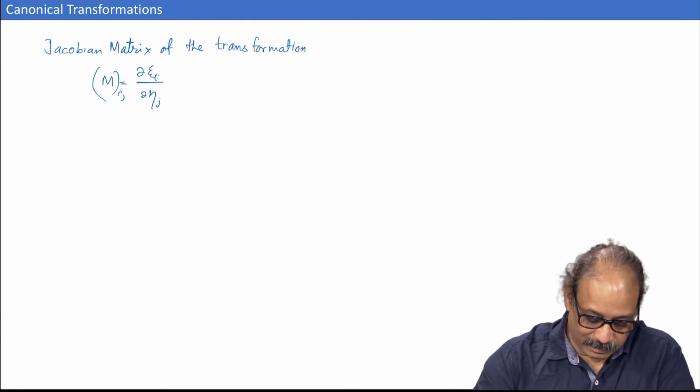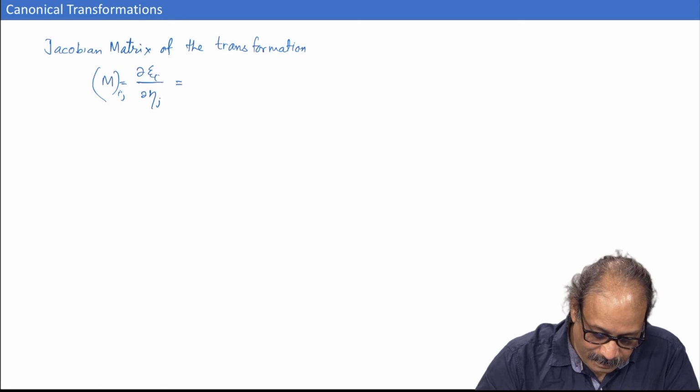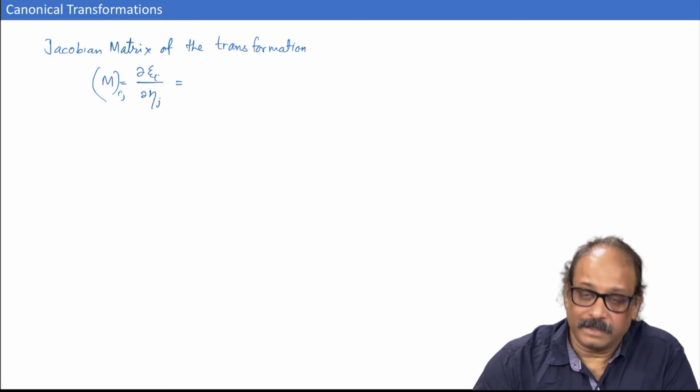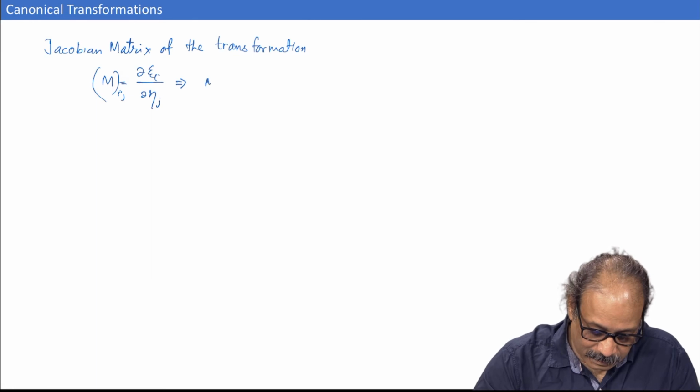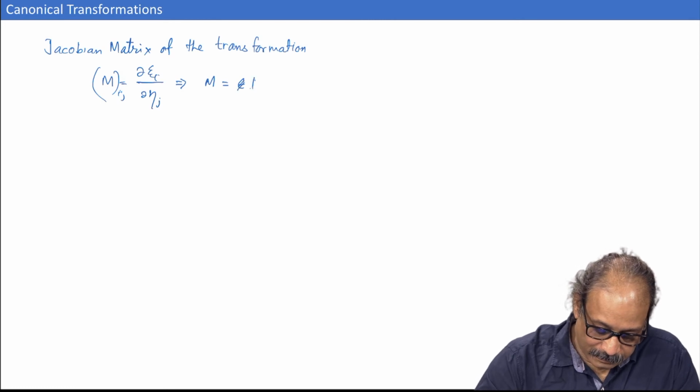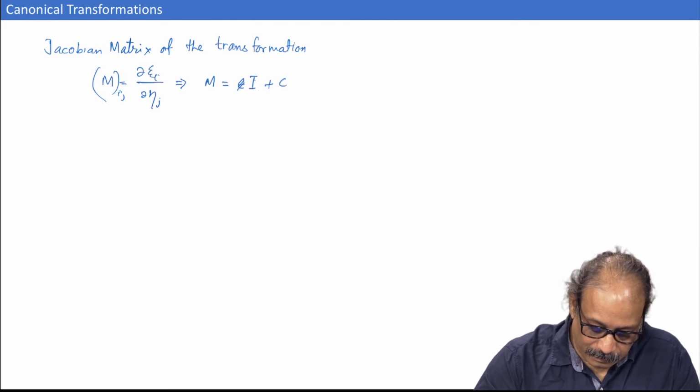But we already know this, so if you write it in full matrix form, this will give me M, which is the identity plus epsilon times j times the second derivative matrix of g.